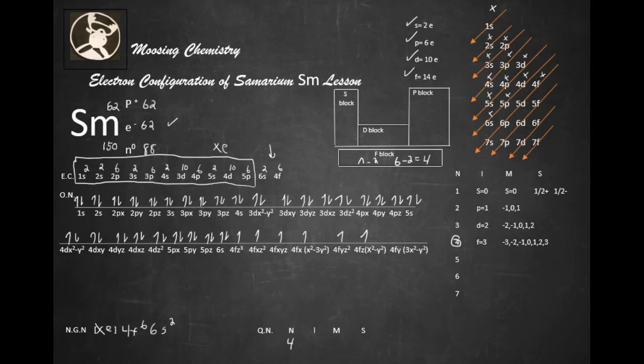The l value, since it's in the f block, is 3. Then you go minus 3, minus 2, minus 1, 0, 1, and we start counting over. It's going to be 2 on the count over for the m sub l. And that last arrow right there is going up, so the spin is positive 1/2.